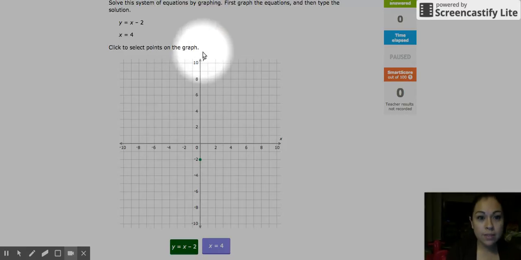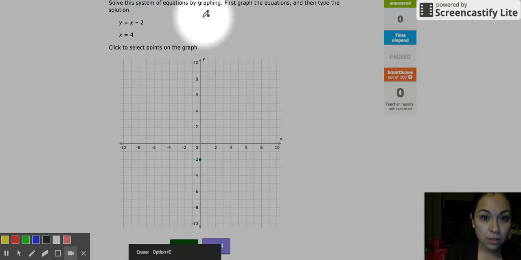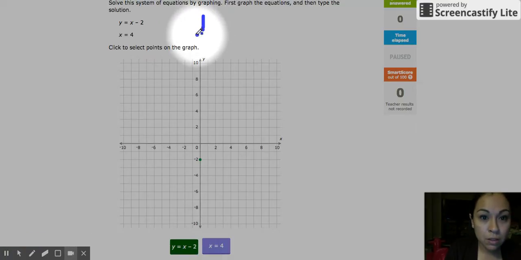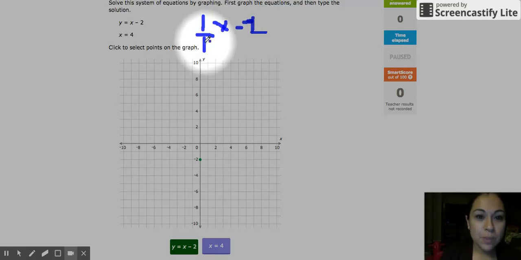My rise is 1, and my run is 1. So we're going to do 1 over 1, x minus 2. Okay, so the rise is 1 and the run is 1.